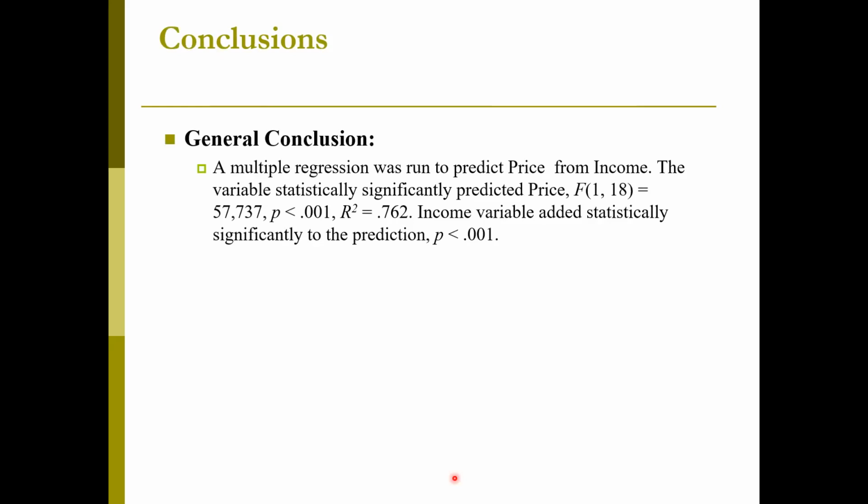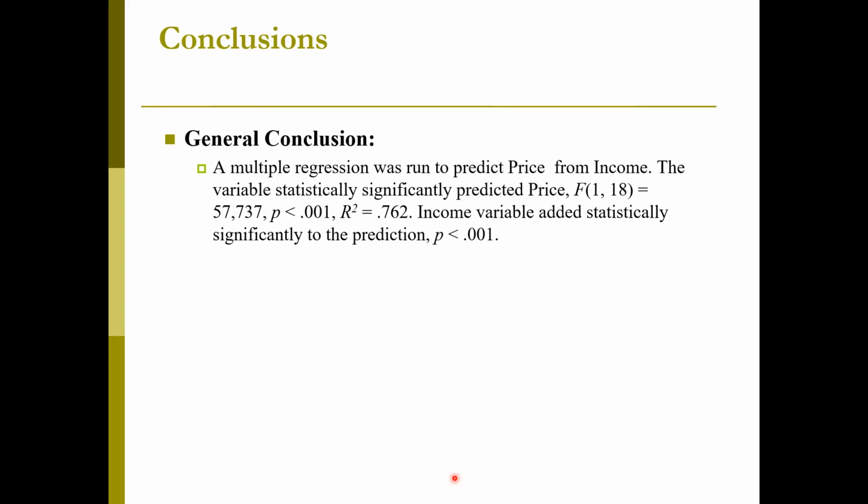In general, you can look at it this way. Mention the F, mention the R square, then mention a significant p-value. So you can say that from the regression, you run to predict the price from income. The variable statistically significantly predicts price. Our F in brackets 118 is equal to 57.737 with a p-value less than 1.